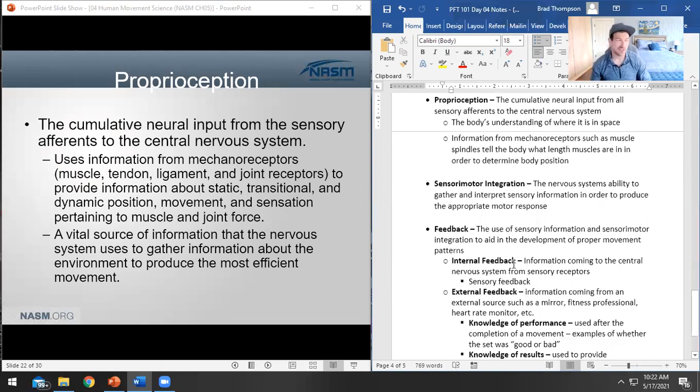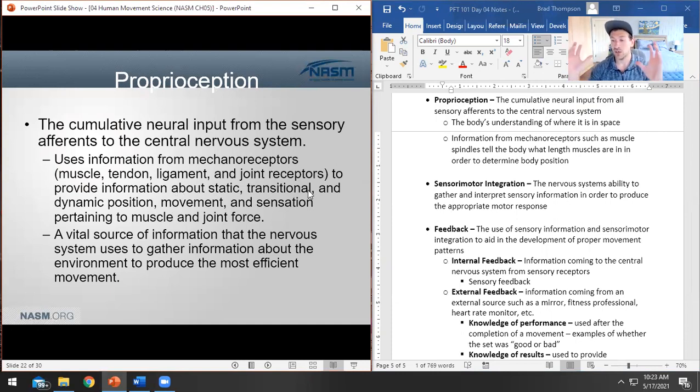So kind of coming back to proprioception here, because this is all tied together. Proprioception, the cumulative neural input from all sensory afferents in the body. Again, I don't really like that definition. I just don't think it's very descriptive. It's your body's understanding of where it is in space. You are getting information from mechanoreceptors, your muscles, your tendons, your ligaments, your joints.